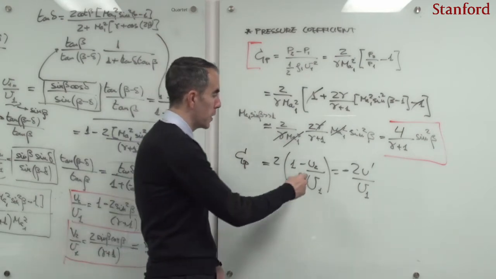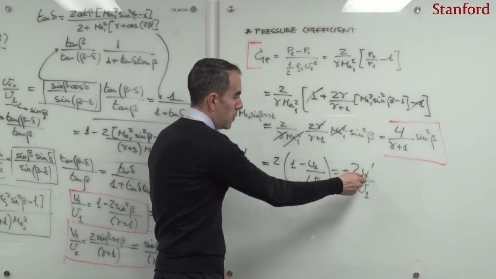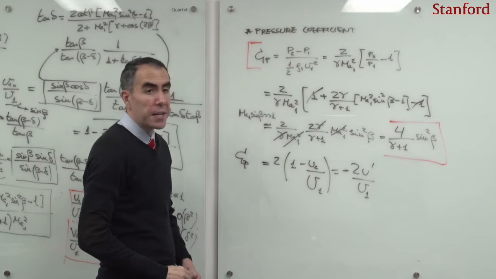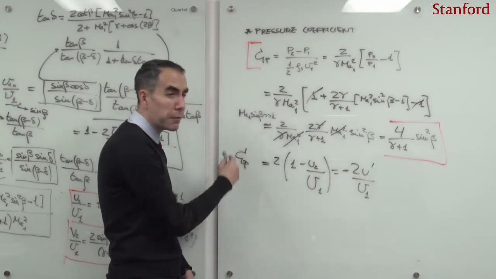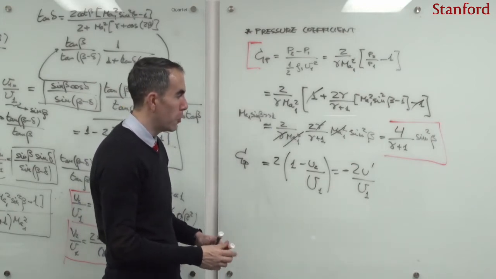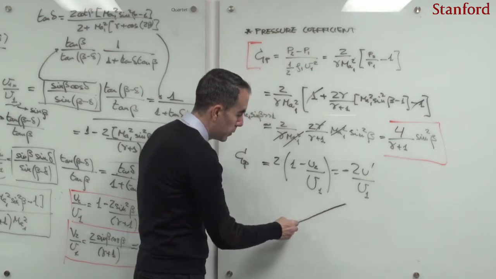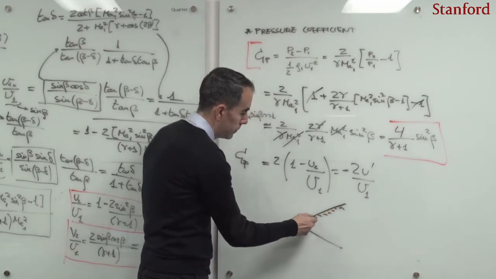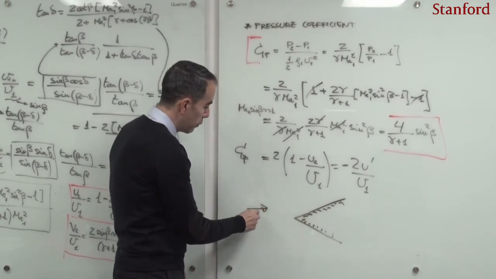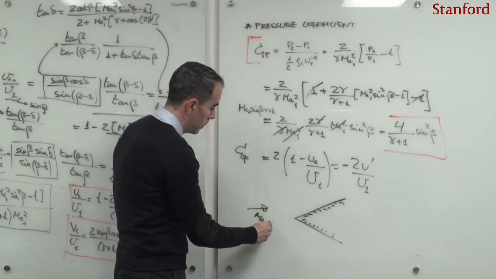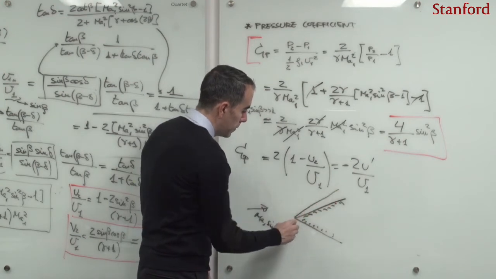At high Mach numbers, what it tells us is that a negative velocity disturbance, a negative U prime, is going to generate a positive pressure coefficient. So in other words, if I look, for instance, at the same example as before, at this wedge, and this is again a high Mach number flow, then I'm going to have a shock wave here.